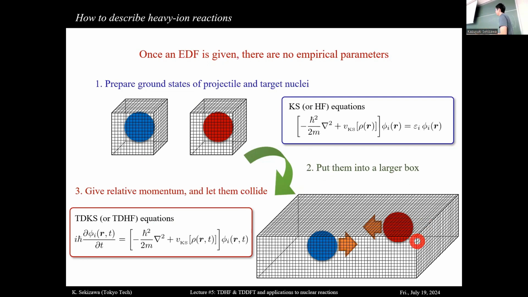Then you can see what happens during the time evolution. So in this way, we can describe low energy heavy ion reactions in real space and real time by solving this TDKS equation. It is quite simple.